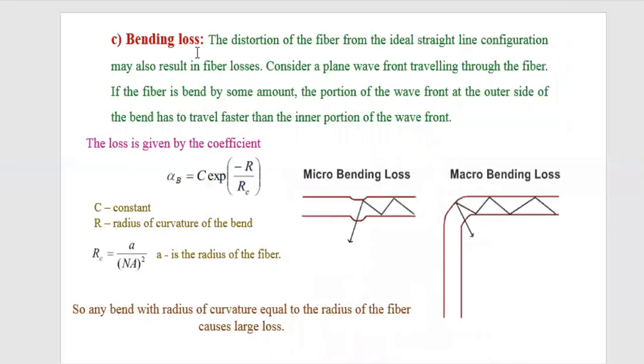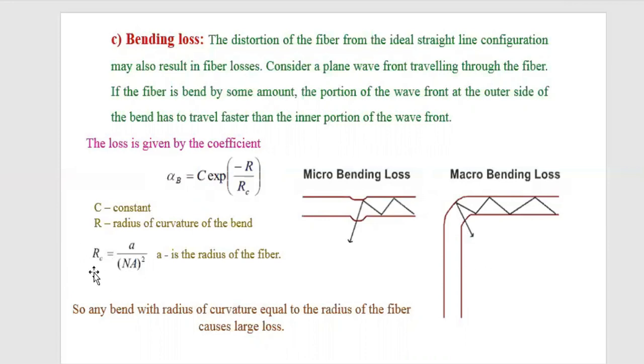Then the third loss is bending loss. When the wire is passing, surely there will be bends in it. If that bend is beyond a certain limit, then total internal reflection won't be satisfied.